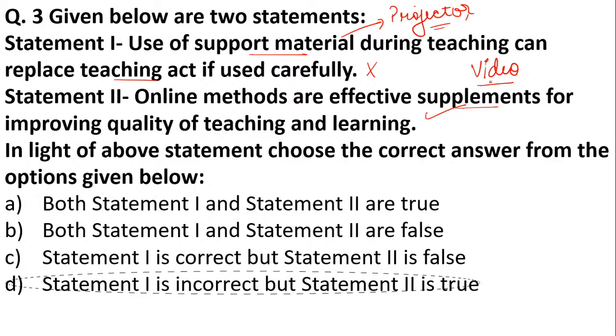So this video will help the student to understand that concept better. So online methods are effective supplements for improving quality of teaching and learning. Got it? So this statement is true, while the first one is false.